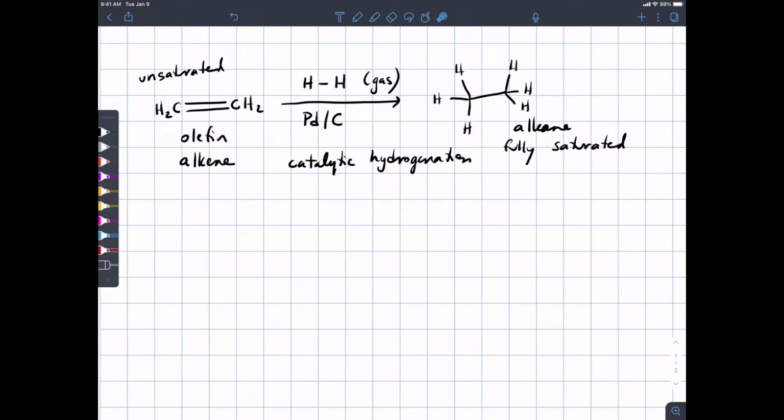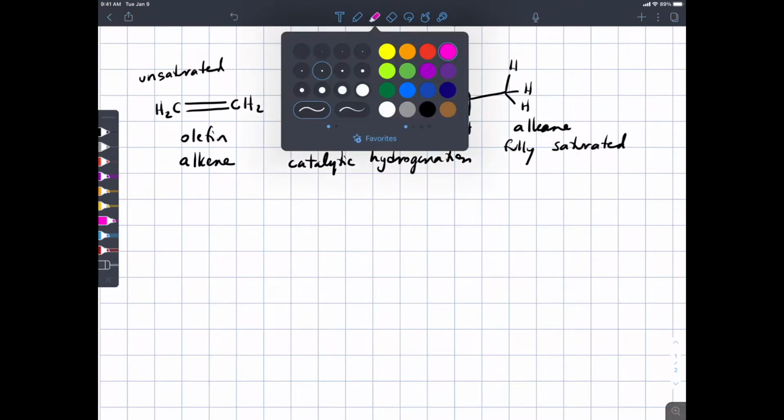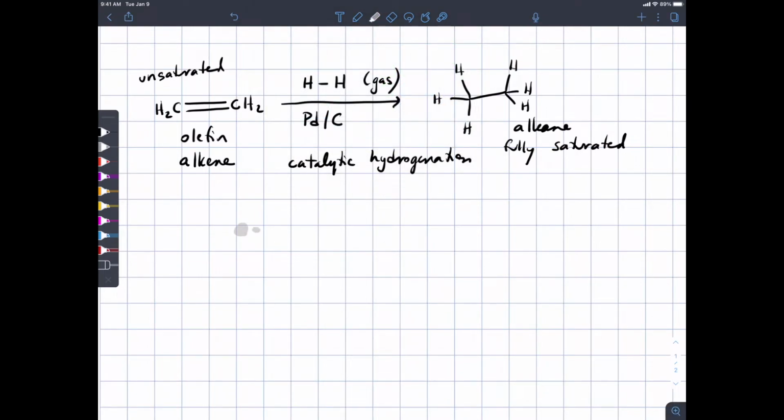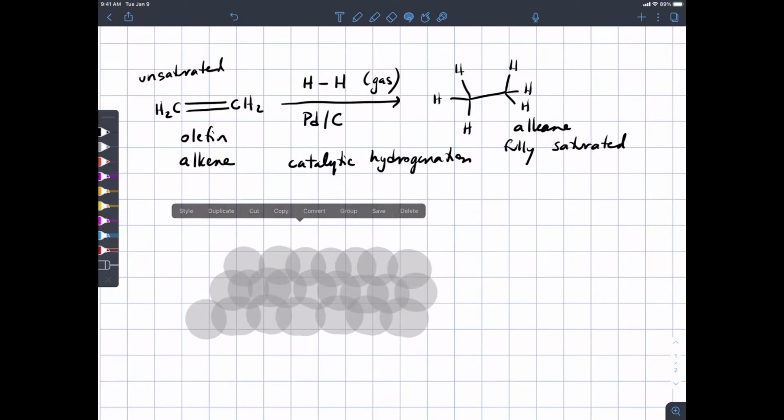But let me just say that it occurs on a surface. So you have this metallic surface, and what the surface does is it breaks apart the hydrogen-hydrogen bond.